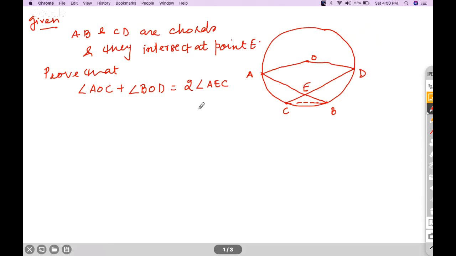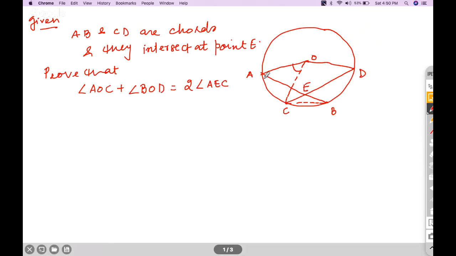So you look at here, what I do in this question is, what is AOC? AOC means this angle. So let me draw this line first. This angle is AOC.